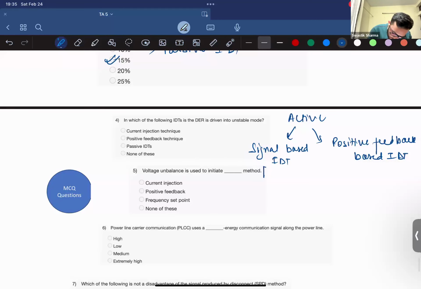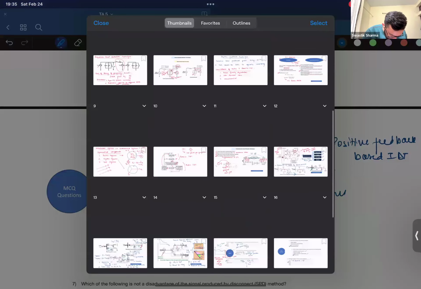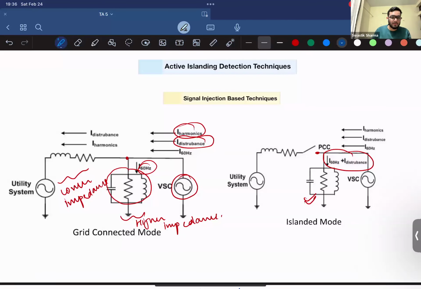Okay, so in signal based, what we were doing is we were injecting a frequency signal, a frequency based disturbance, right? But we weren't causing the DR's operation to be unstable.